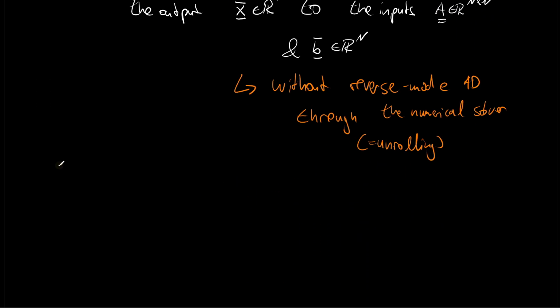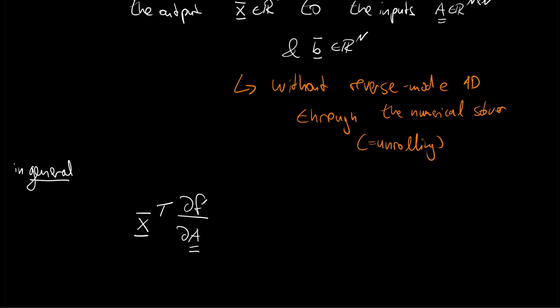To do that, let us first denote the general definition of a pullback rule or a vector-Jacobian product rule, in that we backpropagate by taking the cotangent information on the output and denoting it with the bar here again, and then left multiplying it, so with a transpose, with the Jacobian of the function, so df with respect to dA.